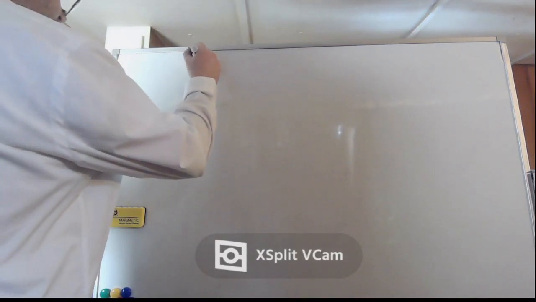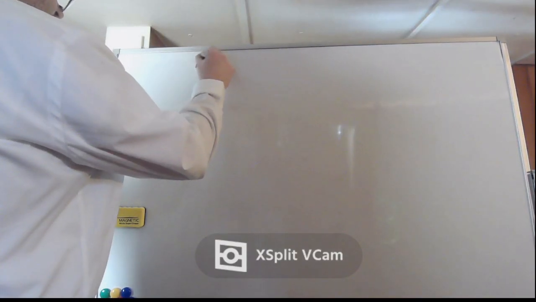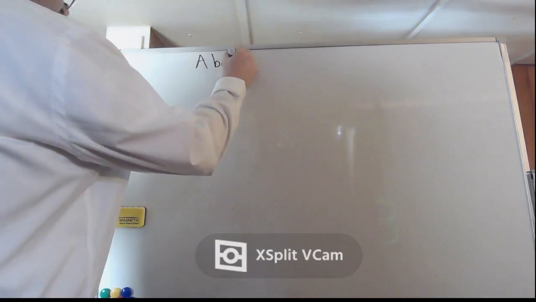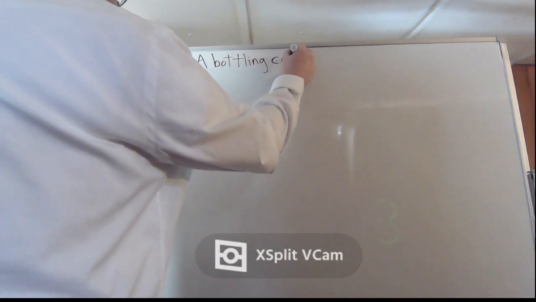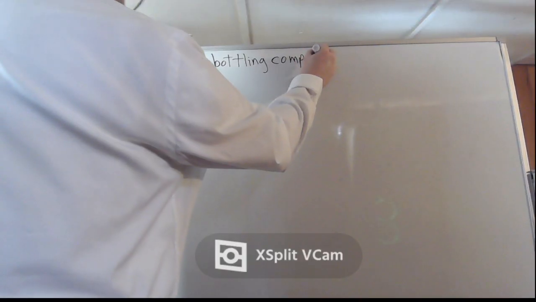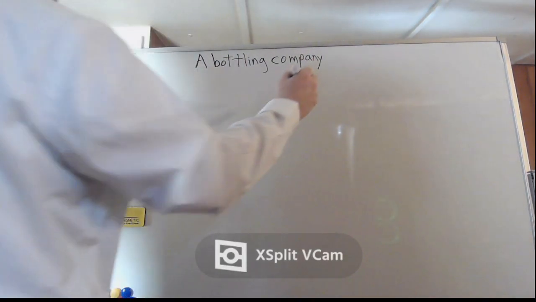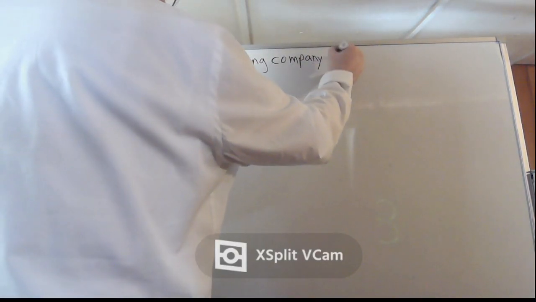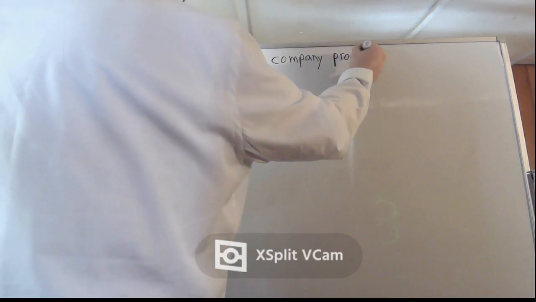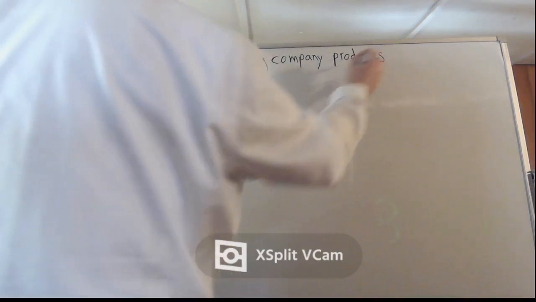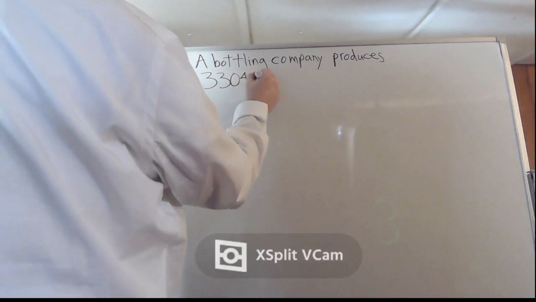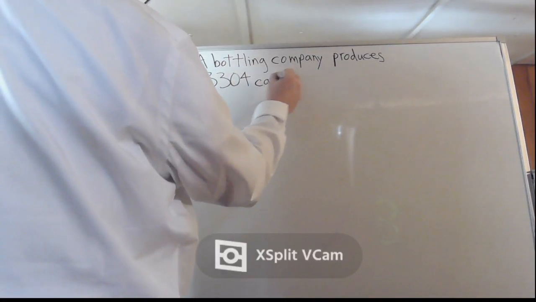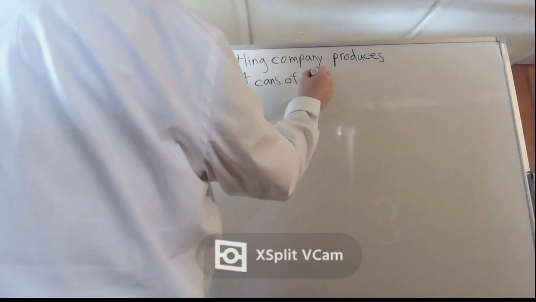Okay, let's look at another problem here. A bottling company produces 3,304 cans of soda.